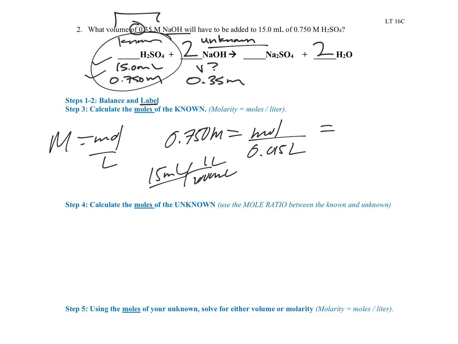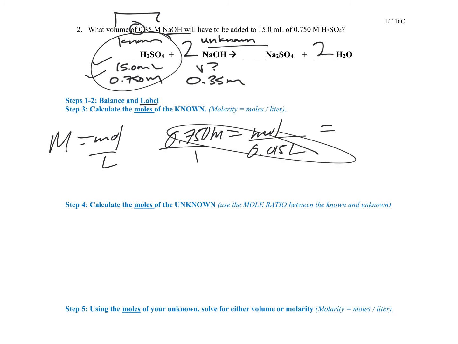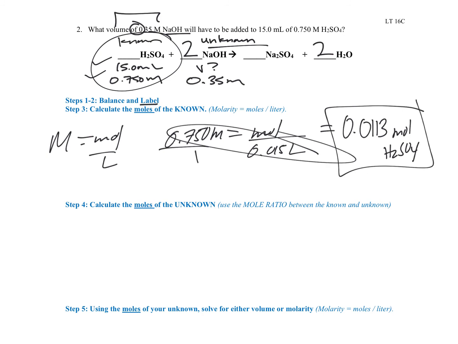And then we need to solve for moles. So you can cross multiply or multiply each side by 0.015, whichever your style is. And we get the moles of our known as 0.0113 moles of sulfuric acid. So we know that many moles are at the equivalence point of our acid.